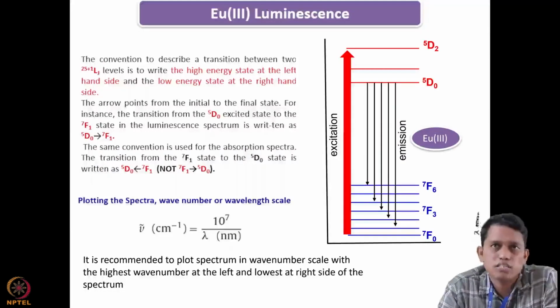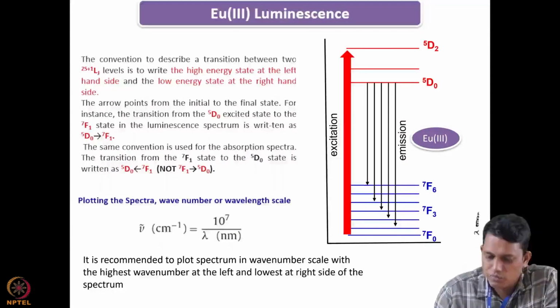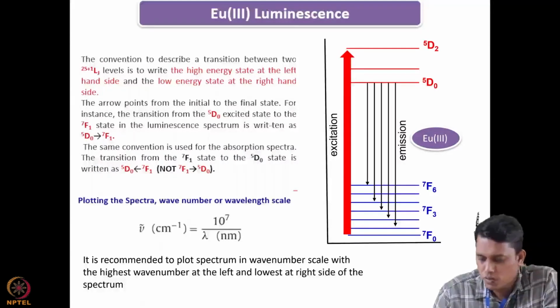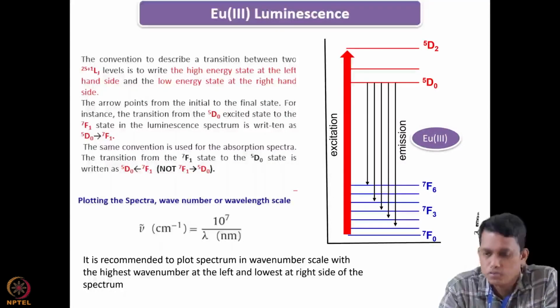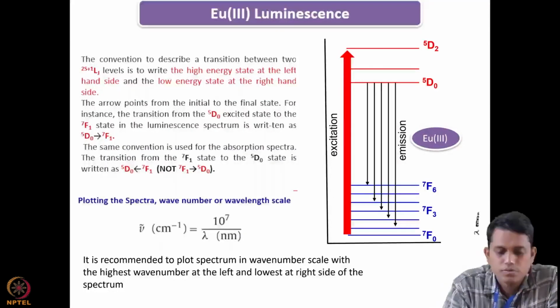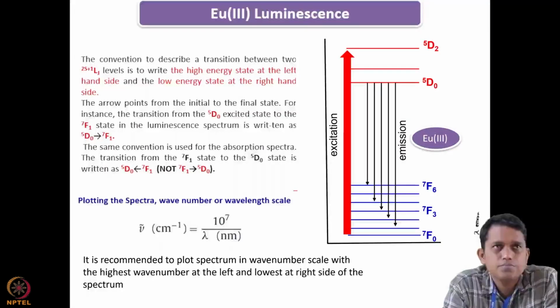But how to write the transition? Suppose I am exciting from here. Suppose this is my ground state, that is 7F0, and I am exciting and going to, let us say, 5L6, some state. So how to write that? There is a way to write it.